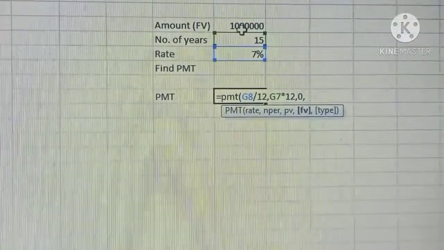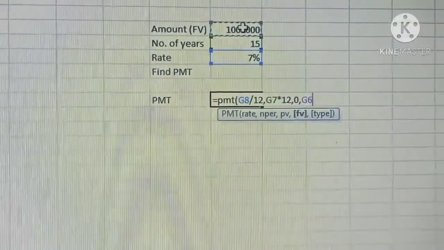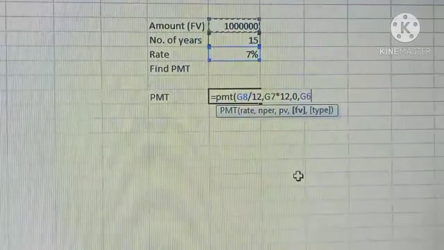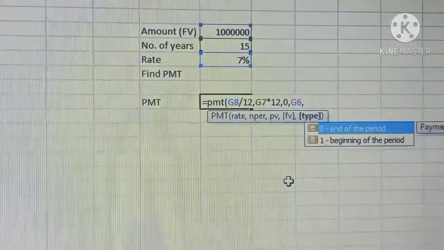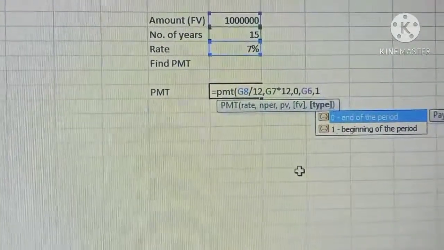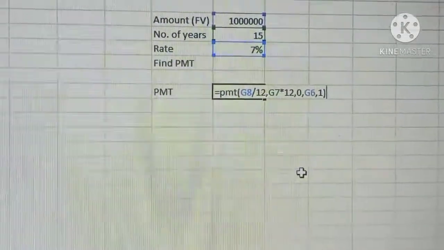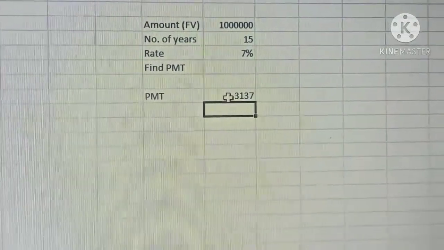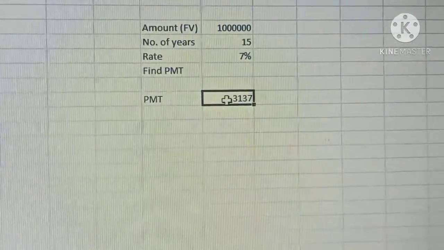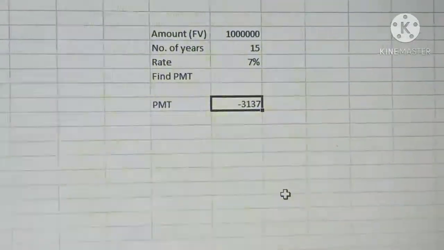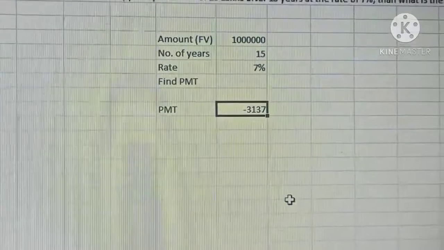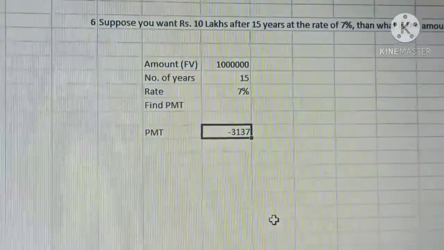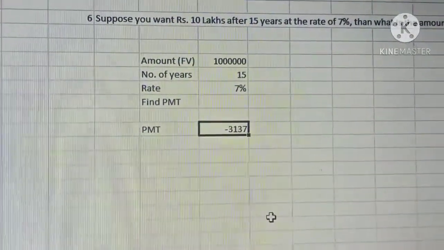You want 10 lakh after 15 years. So FV is 10 lakh and it's in the begin mode. So your PMT is rupees 3,100. You need to invest every month 3,100 to accumulate rupees 10 lakh after 15 years at the rate of 7%.